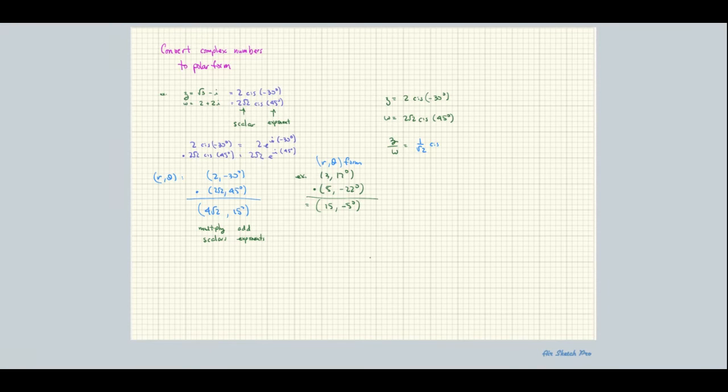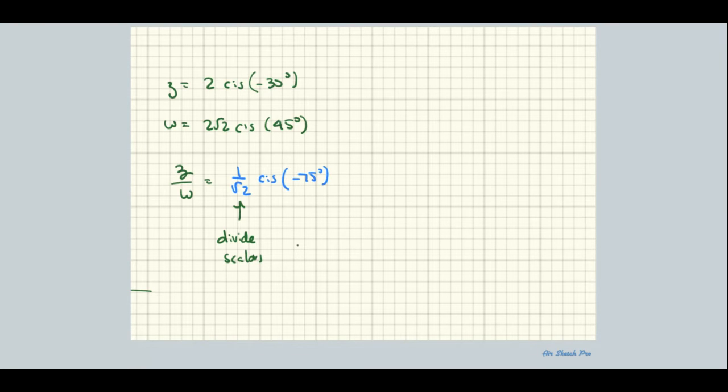And now for the angle, we're going to get negative 75 degrees, okay? So to divide, you divide the scalars, and then we subtract the exponents.